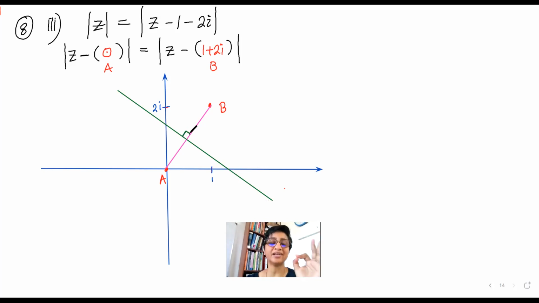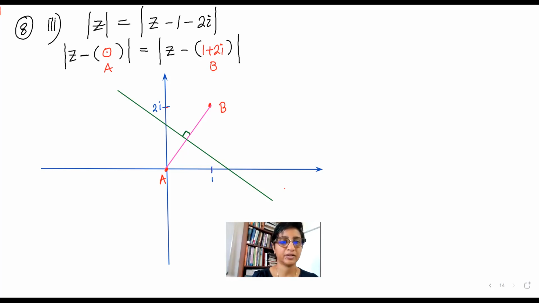The green line is your locus, or all the points that satisfy this condition. Your z has to be equidistant to both A and B. This means the distance from z to A must be equal to the distance from z to B. So equidistant. It's the perpendicular bisector. Got it?